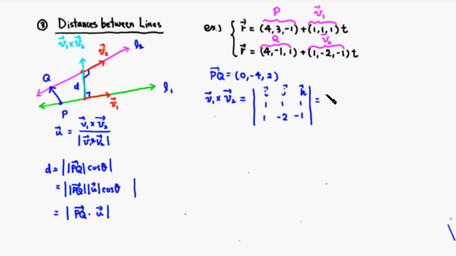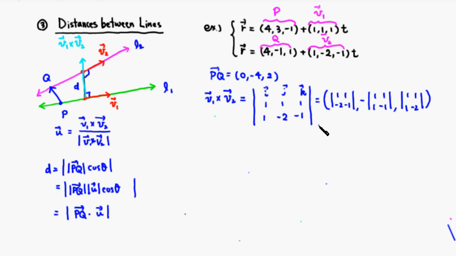So this is the determinant of 1, 1, negative 2, negative 1, minus the determinant of 1, 1, 1, negative 1, plus the determinant of 1, 1, 1, negative 2.